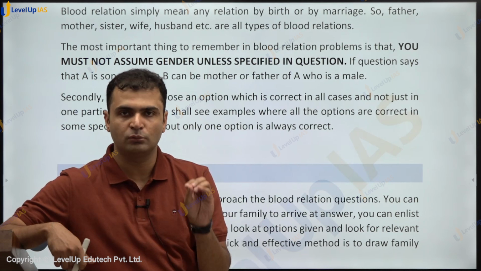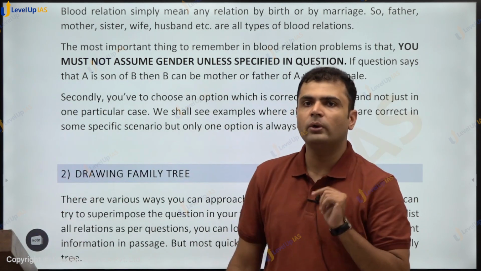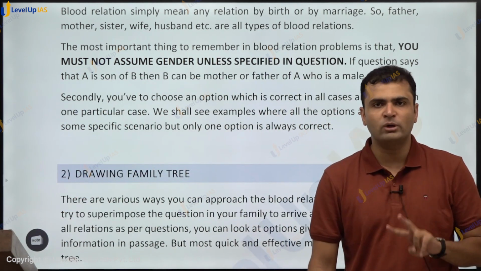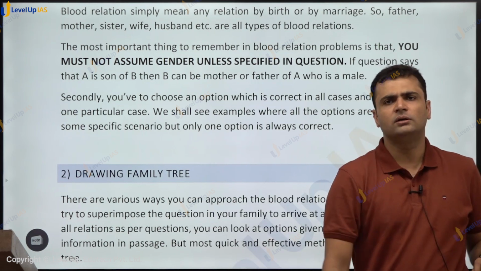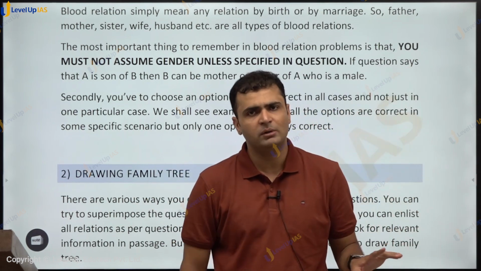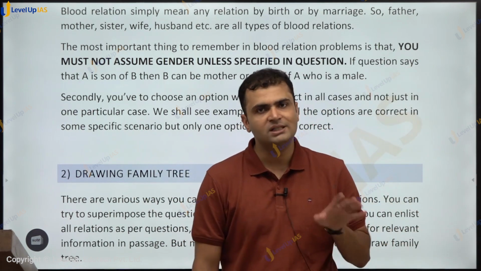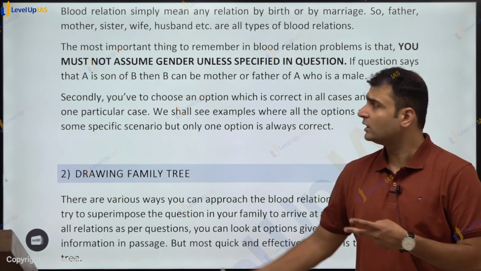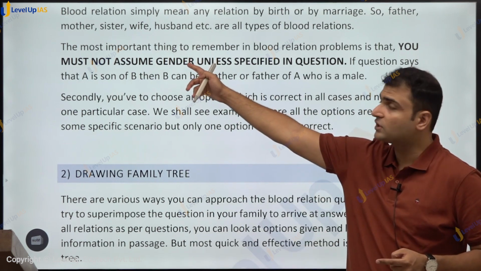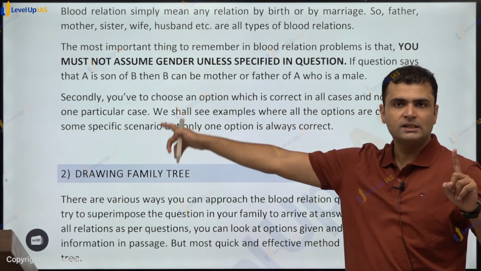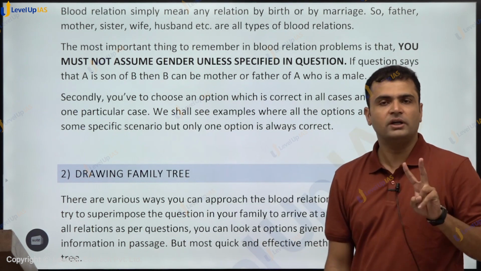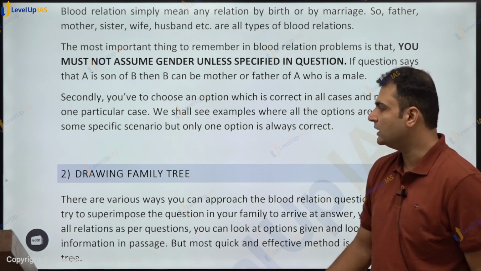That is where students tend to get questions wrong. If you remember these two aspects and understand how to draw a family tree, then you are done with this chapter. What are the two instructions? First, don't assume gender. Secondly, choose an option which is correct in all cases, not just in one specific case.